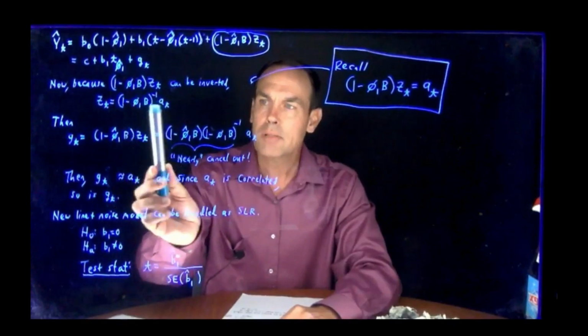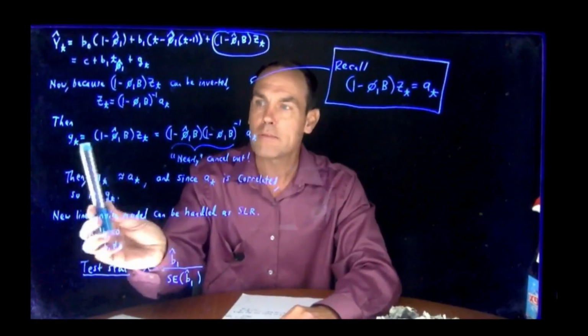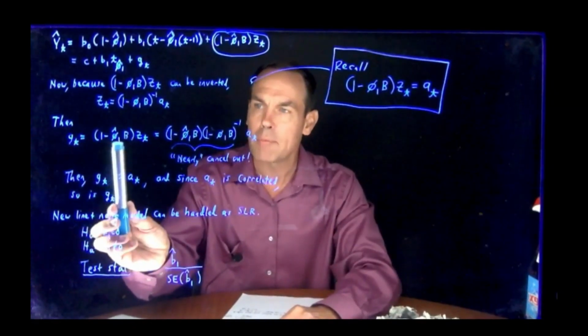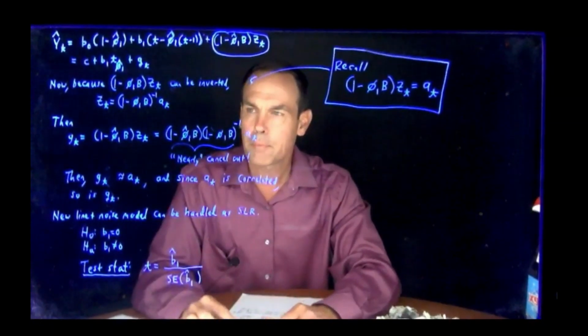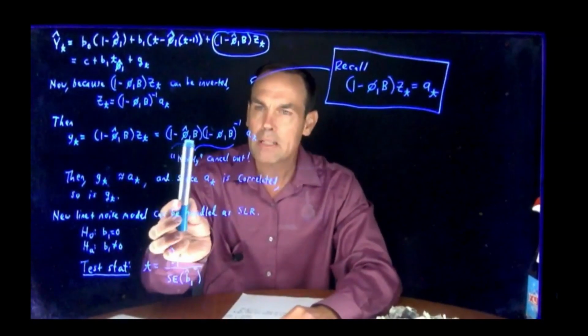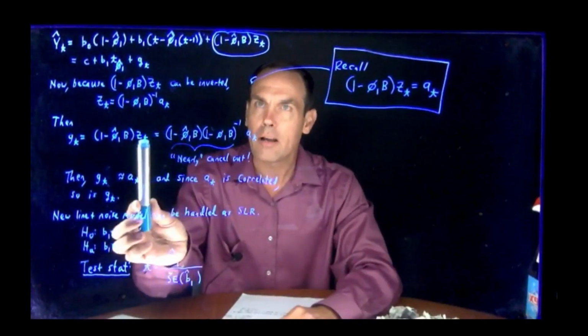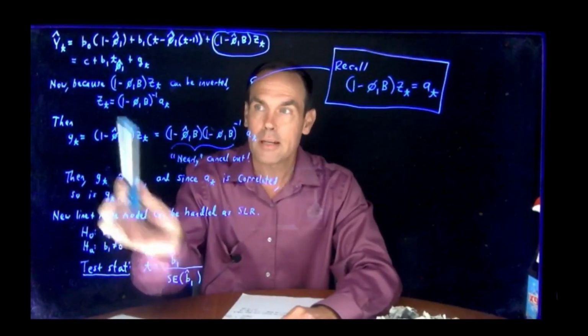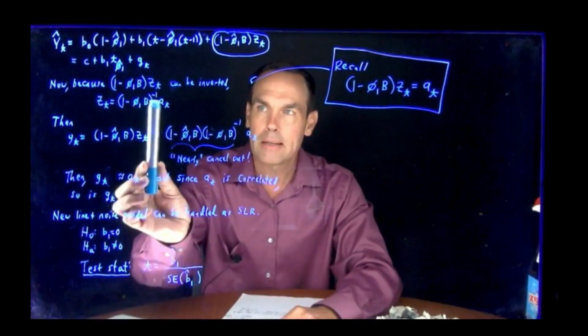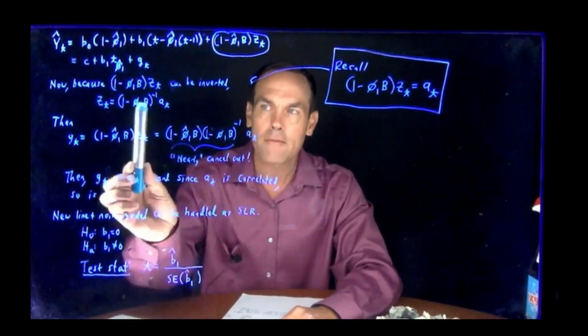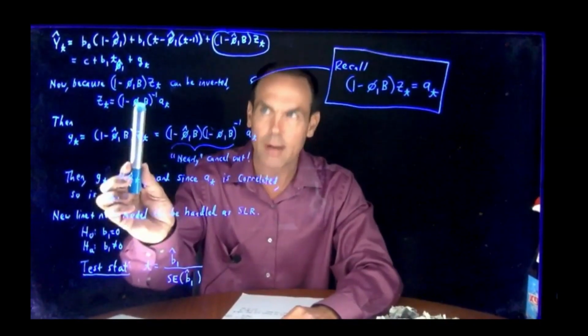Then I can substitute that in here. Remember, gt equals 1 minus phi1 hat b times zt. So we copy our 1 minus phi1 hat b. We've got a new name for zt. It looks like this. It's 1 minus phi1 b inverse at, not phi1 hat, but phi1.